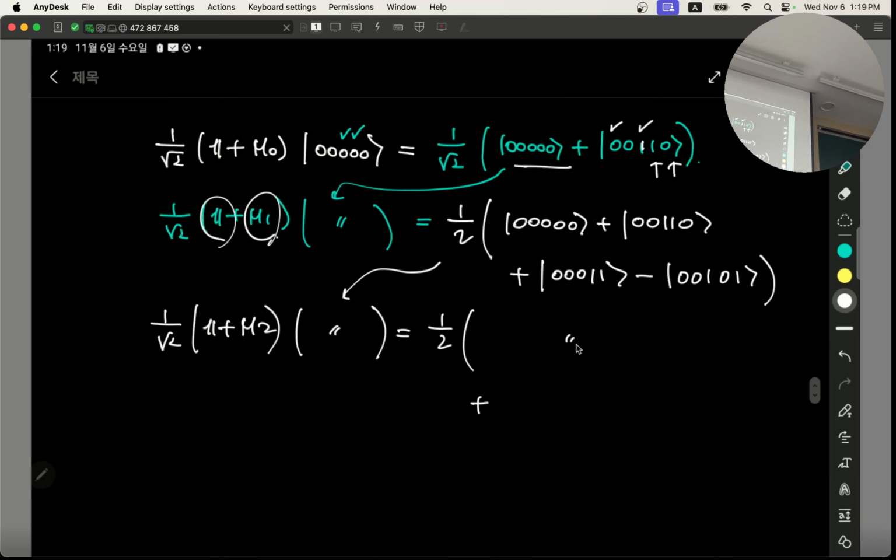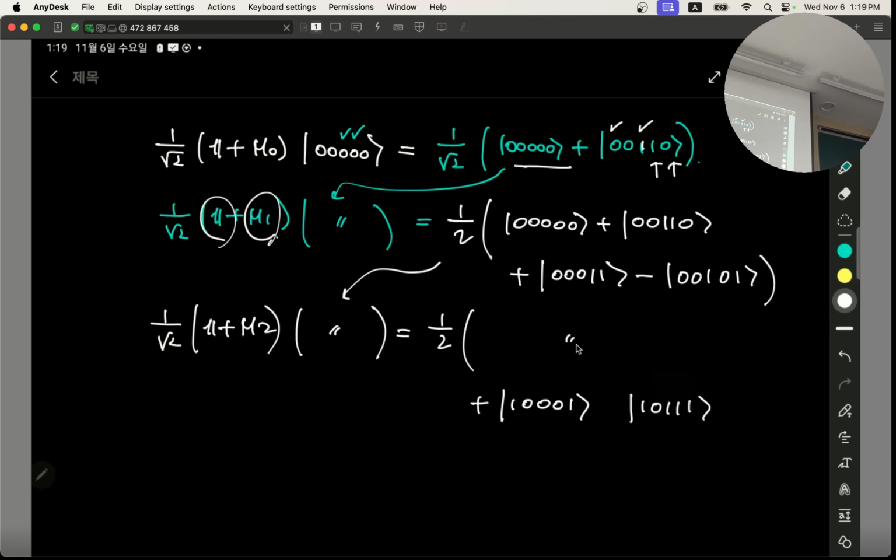So when I apply this, the same thing remains, and the next one is 1, 0, 0, 0, 1 plus 1, 0, 1, 1, 1.